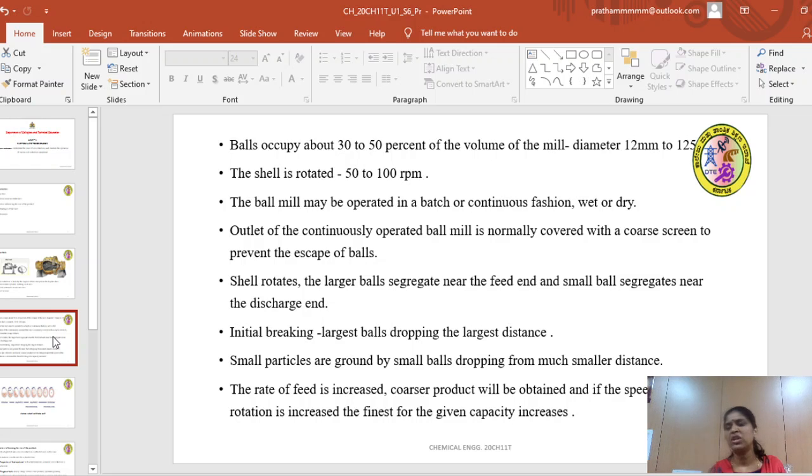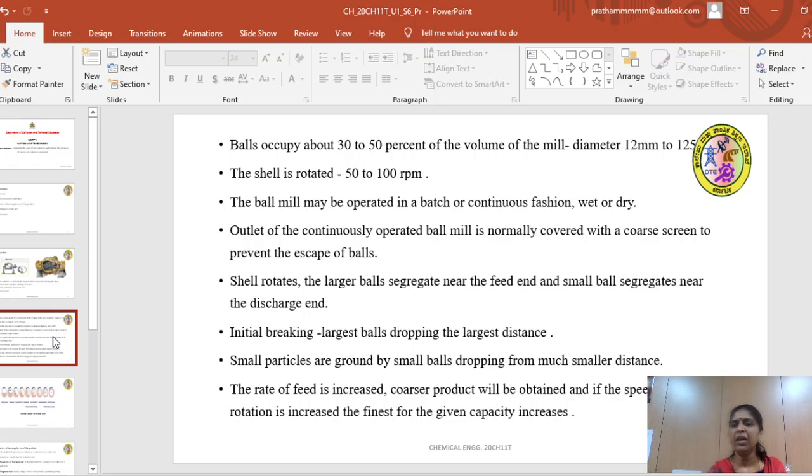In continuous operation, we will continuously feed the material which has to be reduced in size, and we continuously take the product from the outlet below. When the product is taken at the outlet, when the outlet is opened, there will be chances of the balls skipping out. So you have a mesh so that the balls do not skip out from the shell of the mill.